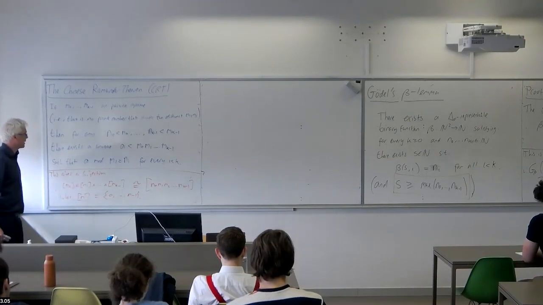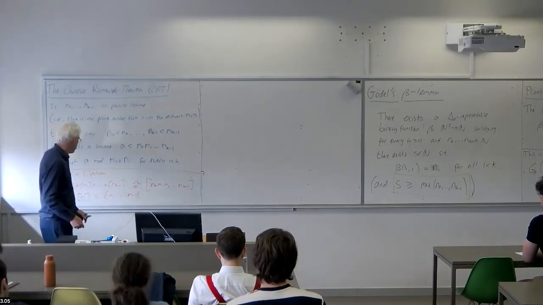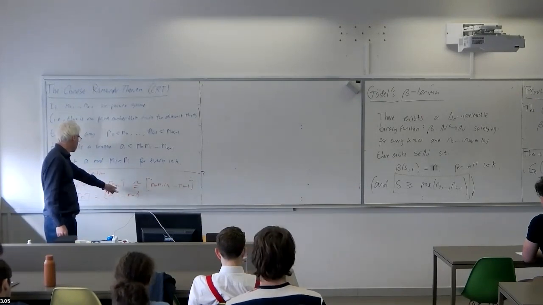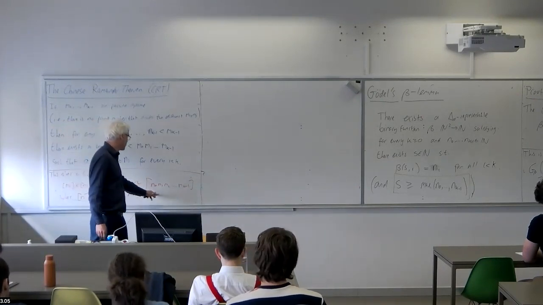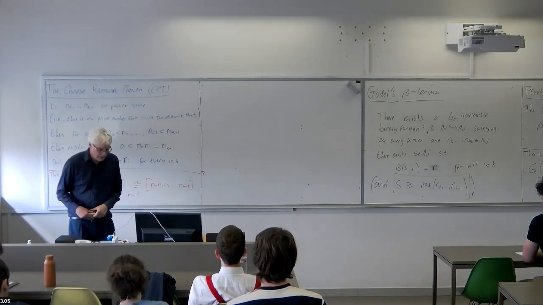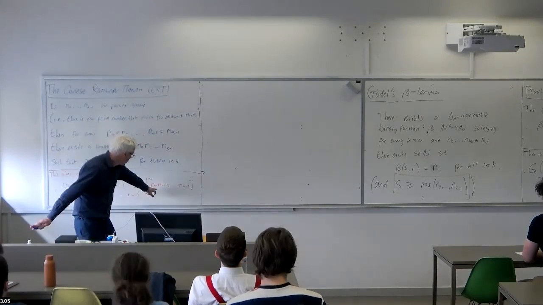That's a way of thinking about it: modulo arithmetic establishes a bijection between k-tuples of this form and numbers up to the bound.